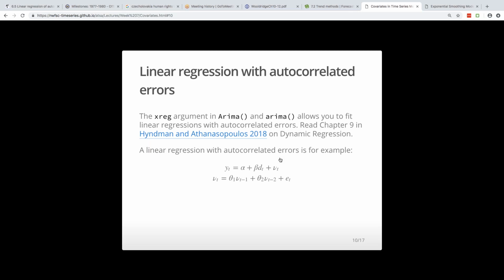I think you'd have to do both of them, right? Because for some models, if you have covariates that explain all the autocorrelation, then your errors are not going to be autocorrelated.